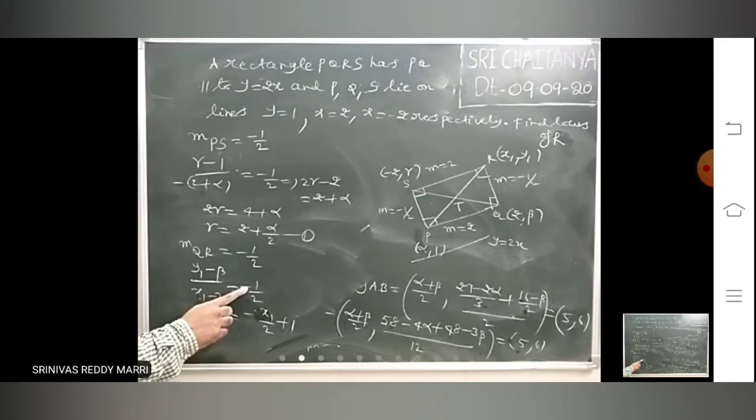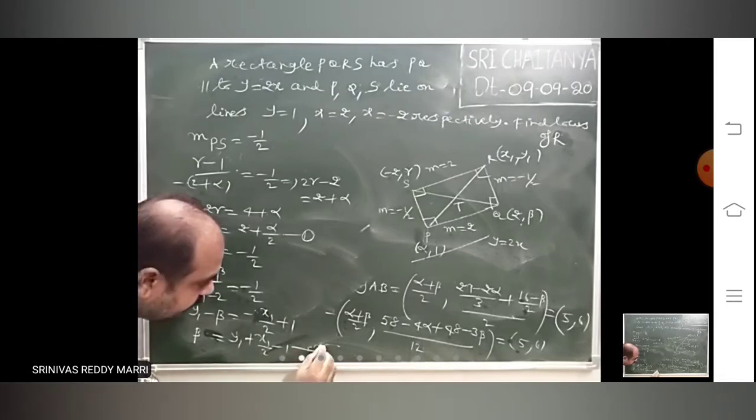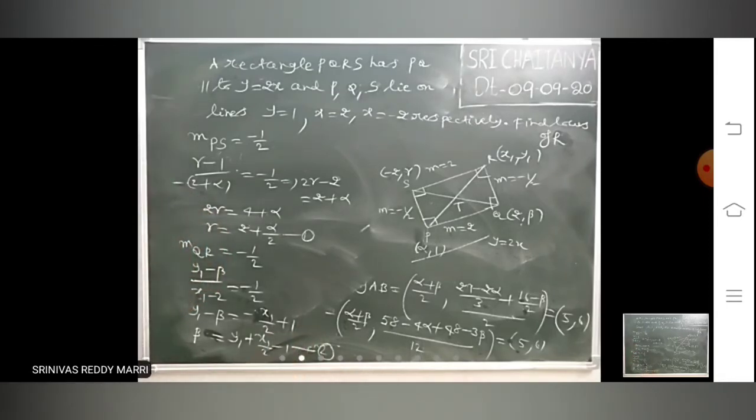So x1 into minus 1 by 2 is minus x1 by 2, minus 2 into minus 1 by 2 is plus 1. That means beta I will get from here: y1 plus x1 by 2 minus 1. Let us take the second equation as this: beta equal to y1 plus x1 by 2 minus 1.